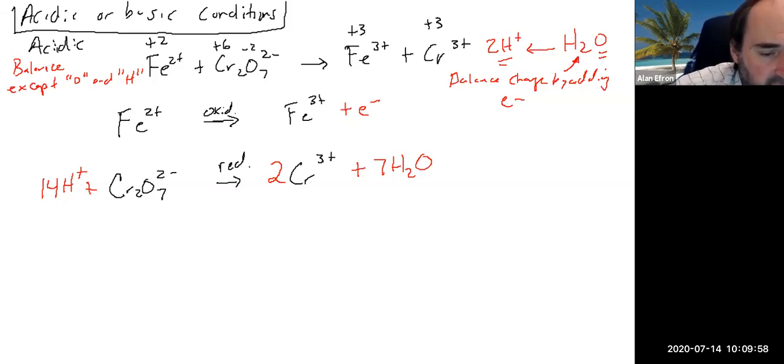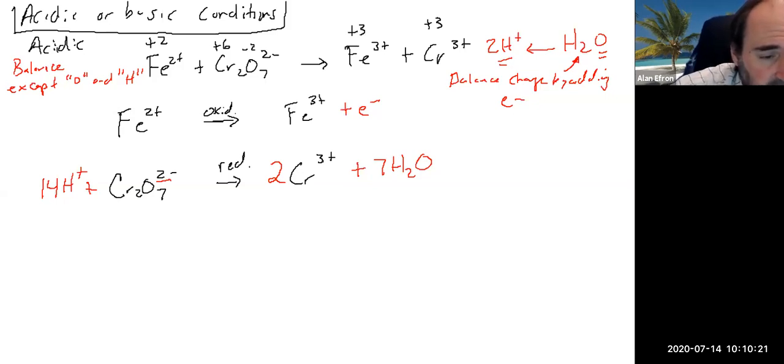On the bottom half reaction, 14 times +1 is +14. This overall thing is -2, which means the overall charge on the left-hand side is +14 and -2, which is +12. On the right-hand side, the overall charge is +6.